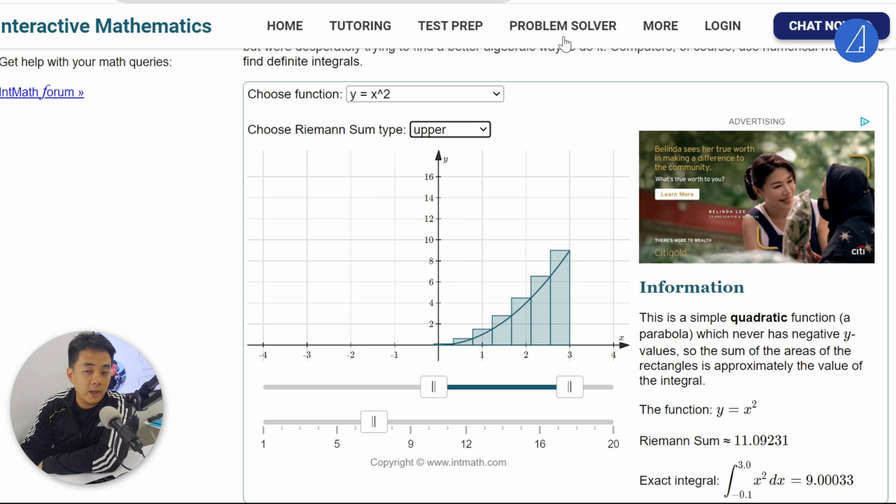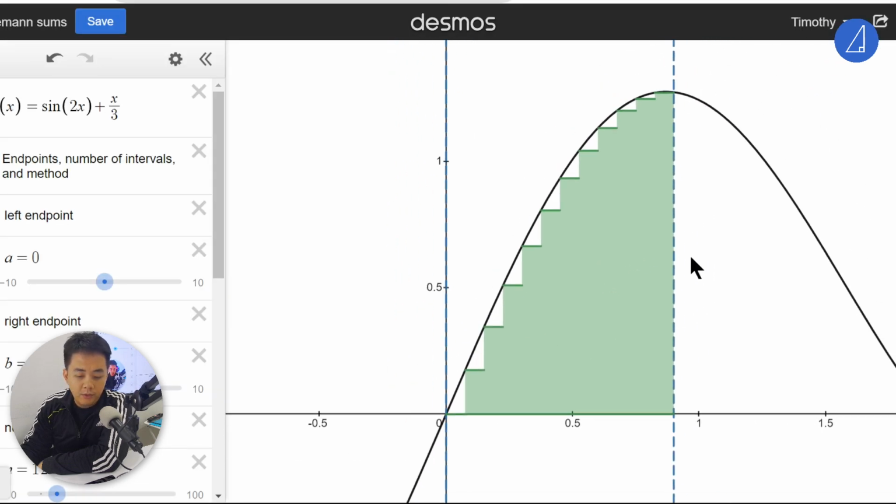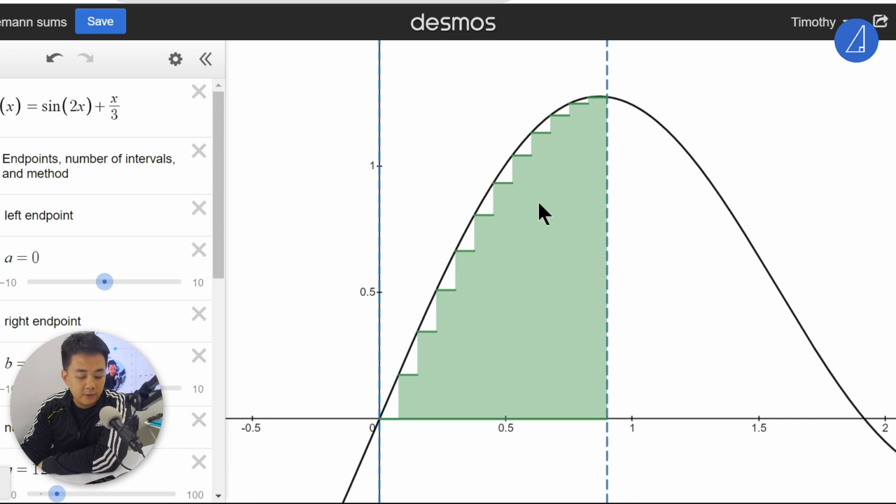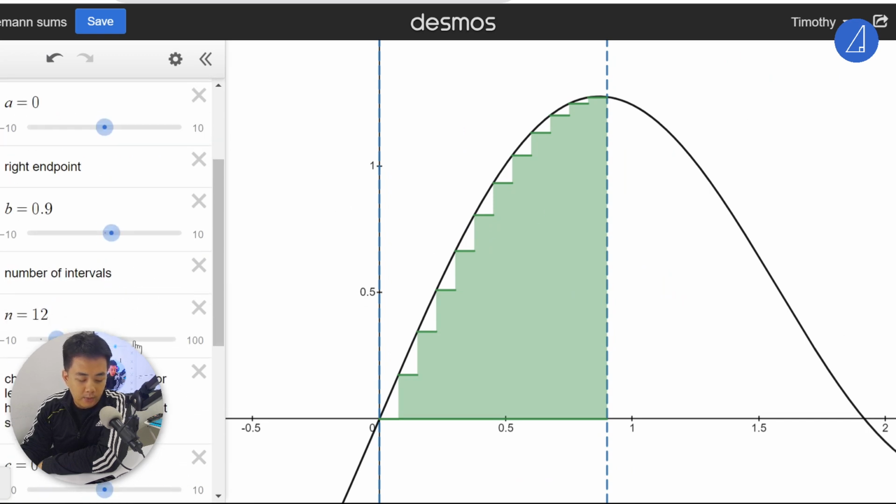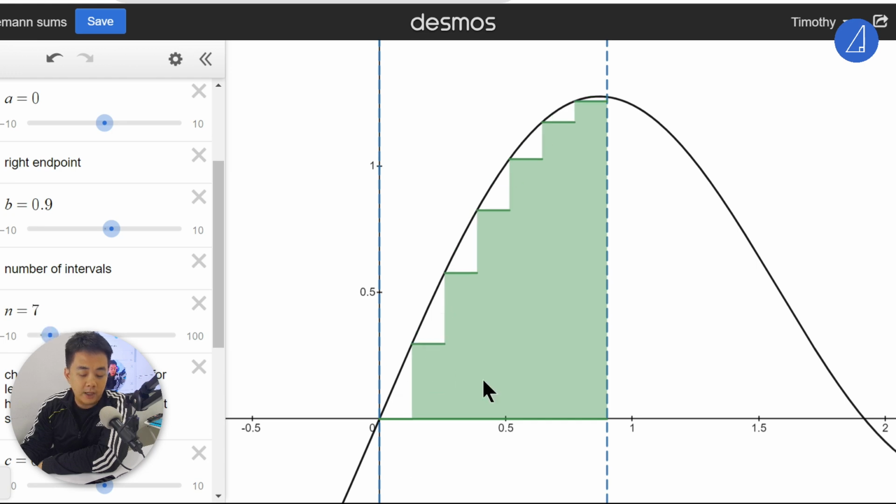So we are looking at this. What we are trying to achieve is to find the area under the graph of a given curve. So we draw a few rectangles. This rectangle area here is obviously an underestimation, because the green area is actually smaller than the area under the curve.